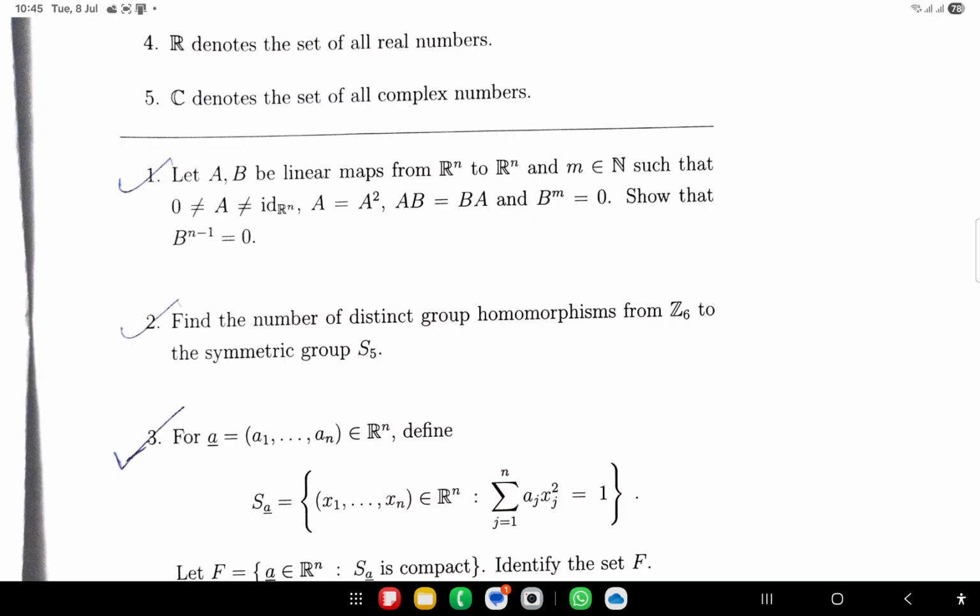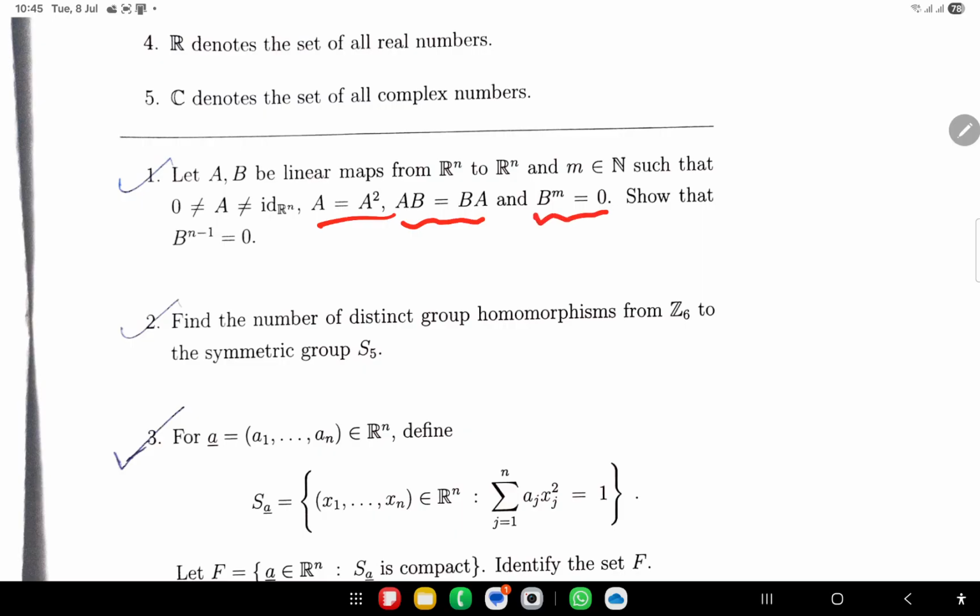Now you have two linear maps A and B from Rn to Rn, and m be any natural number. A is not identity, A is not 0, and A is a projection map, that is A equal to A square, and A and B commute.